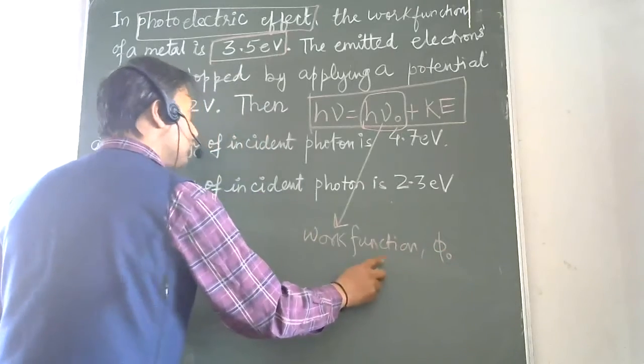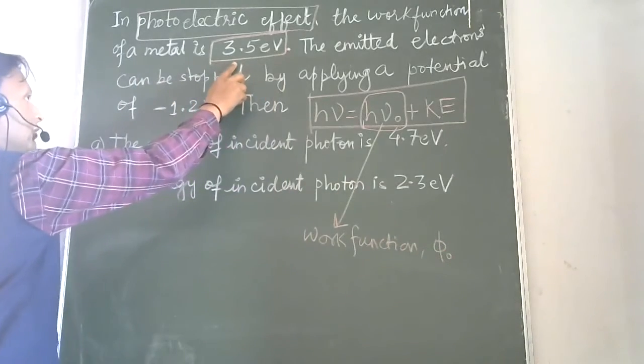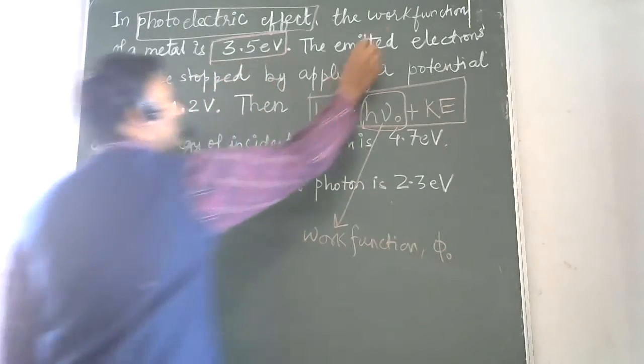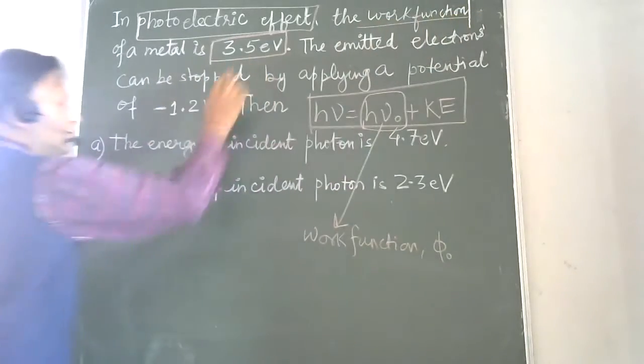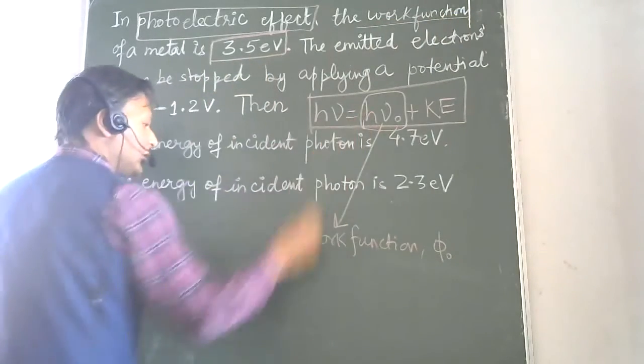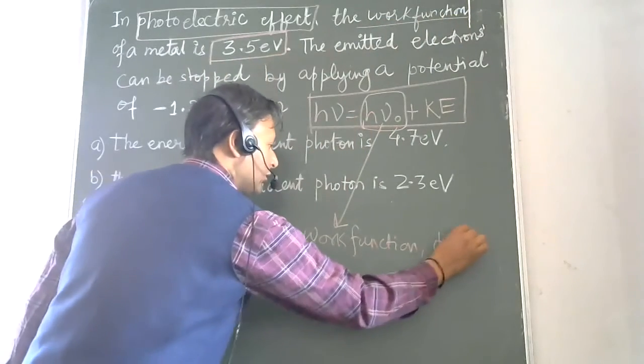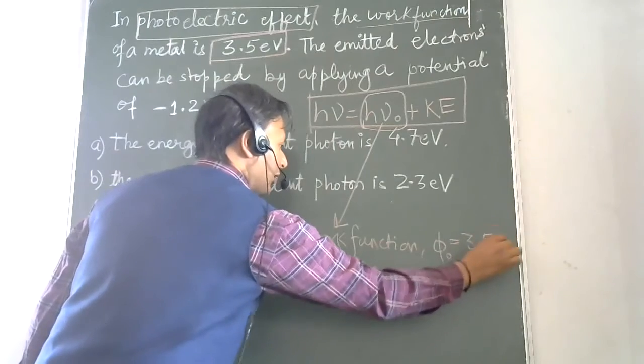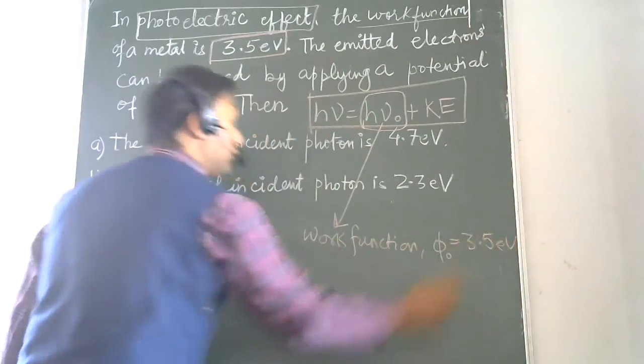This work function is given in this question, it is equal to 3.5 electron volts. Look, it is mentioned here, work function is 3.5 electron volts.